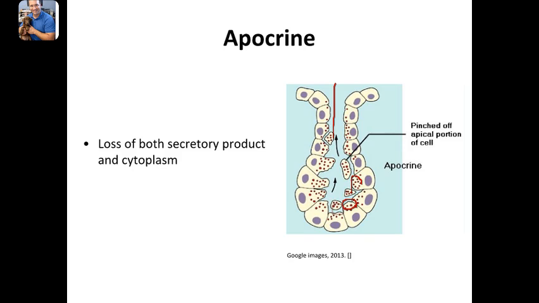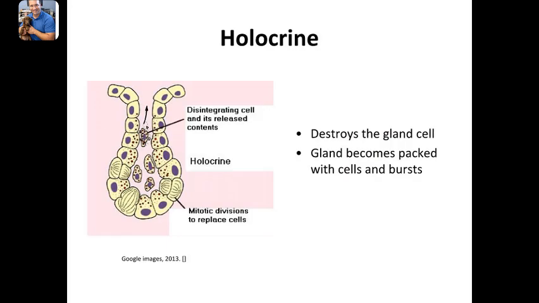And then holocrine, here's an example. You see some cells in the process of mitosis here, reproducing, because there's going to be high turnover of cells, because the entire cell is going to be disintegrated and sent out onto the surface. Whole cell is going to be.